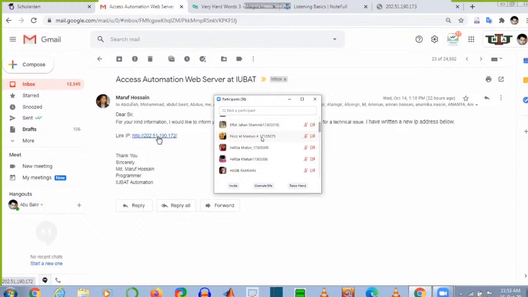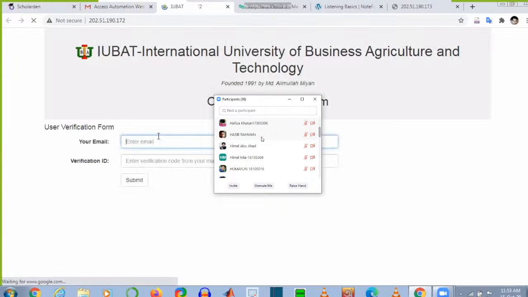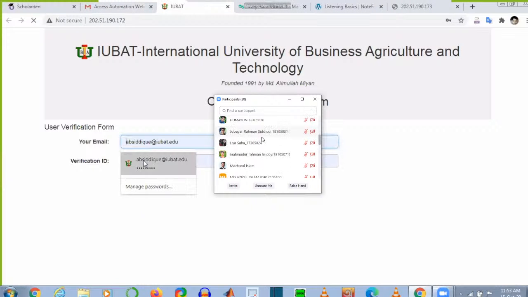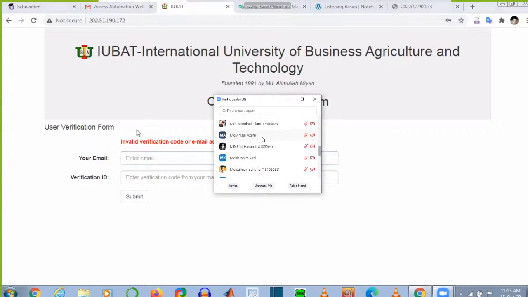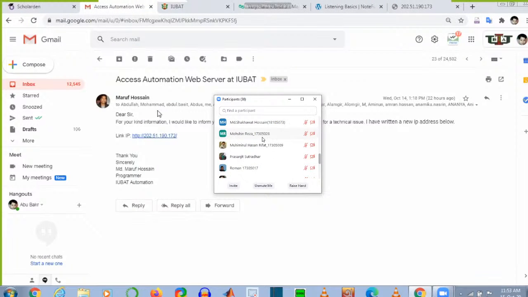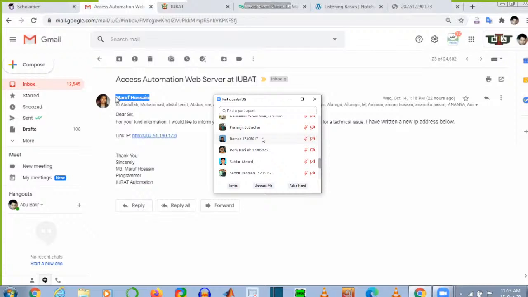They have given a new address, but the problem is this address cannot recognize my email.